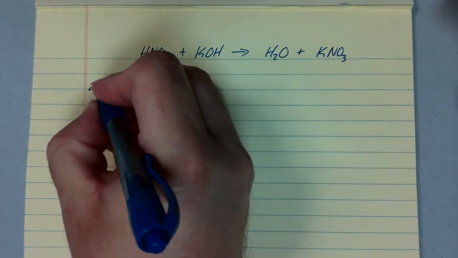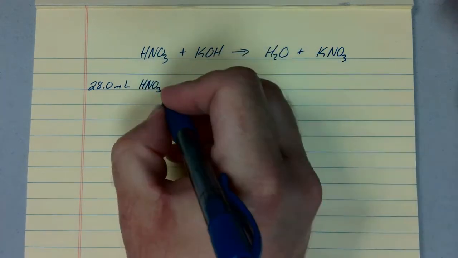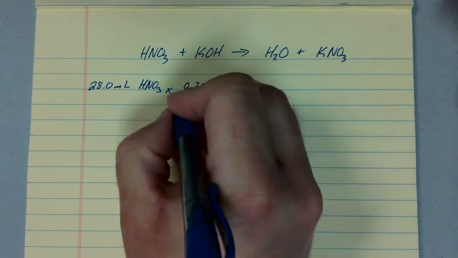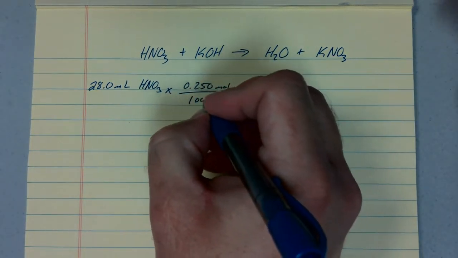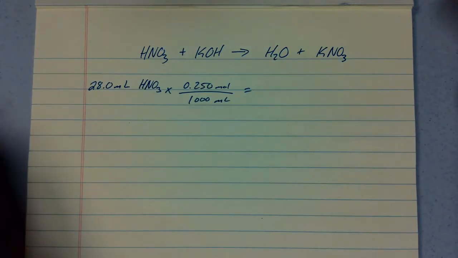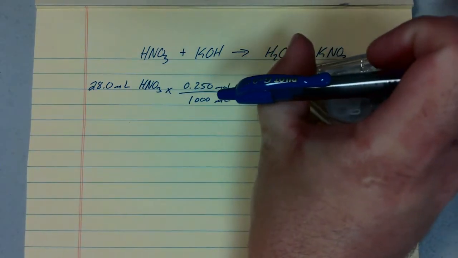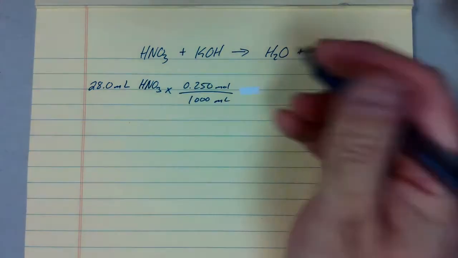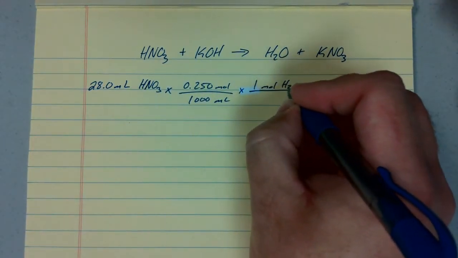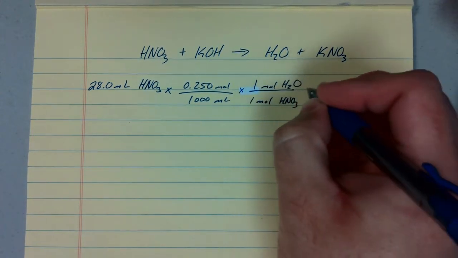Well, we've got 28.0 milliliters of nitric acid, concentration 0.250 moles per liter, or 1,000 milliliters. Since we're going to figure out how many moles of the product are present, might as well figure that out now. 1 mole of water for every 1 mole of HNO3.